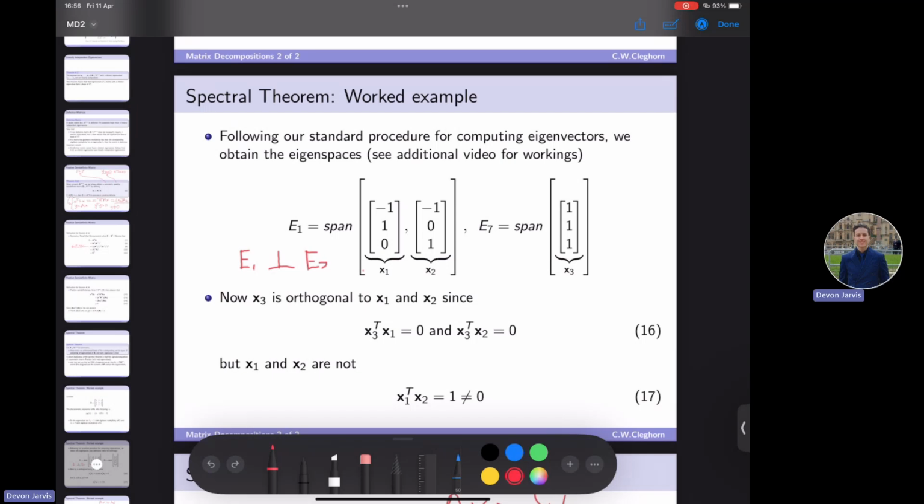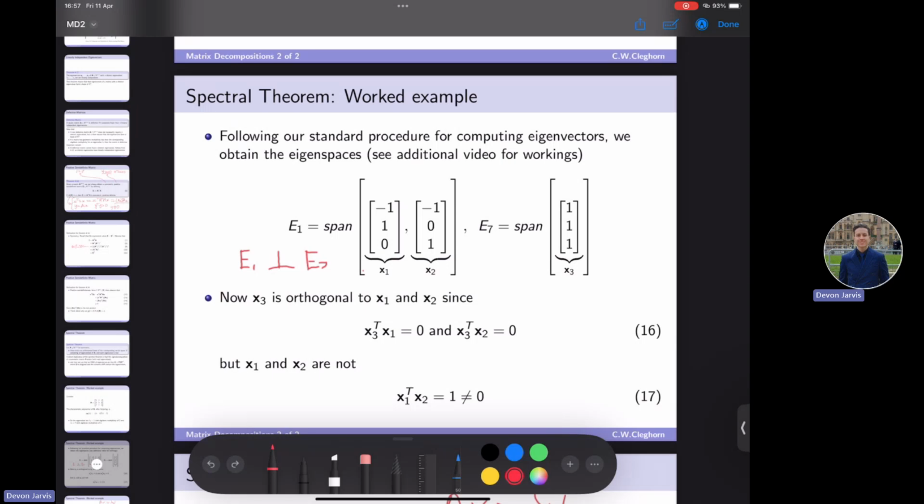E1 and E7 are orthogonal because they don't share any similar eigenvectors? Yes, they will obviously have different eigenvectors, but you know they are orthogonal because they have different eigenvalues. Within E1, the eigenvalue is the same for both vectors, so we don't know that those are orthogonal, but since 1 and 7 are different, we know those are. Yes, correct.